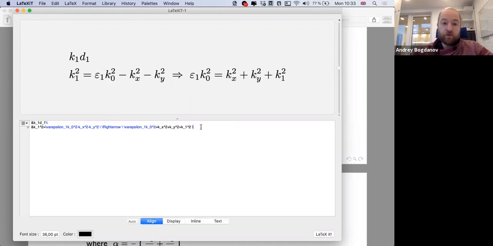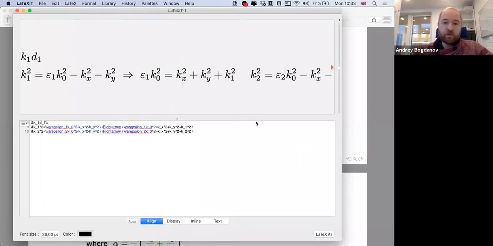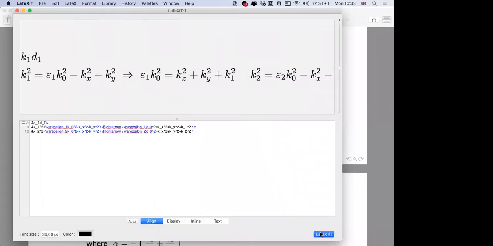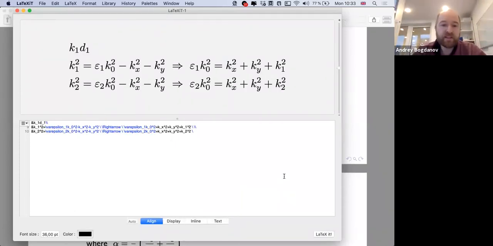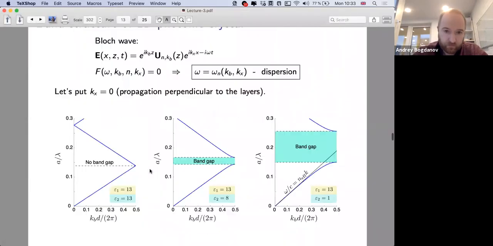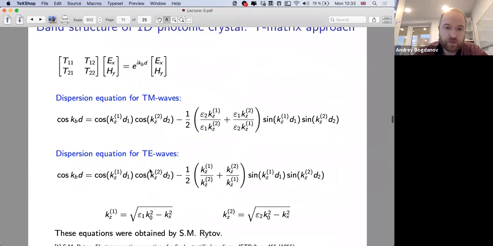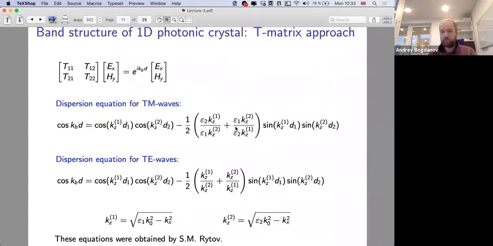The same story holds for k2. I just need to replace epsilon 1 with epsilon 2 and k1 with k2. It is completely the same in each layer. Next step, we should take this expression for TE waves and for TM waves, and consider the limit of the effective medium.